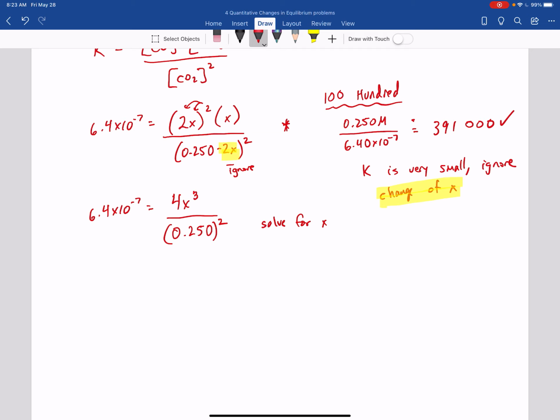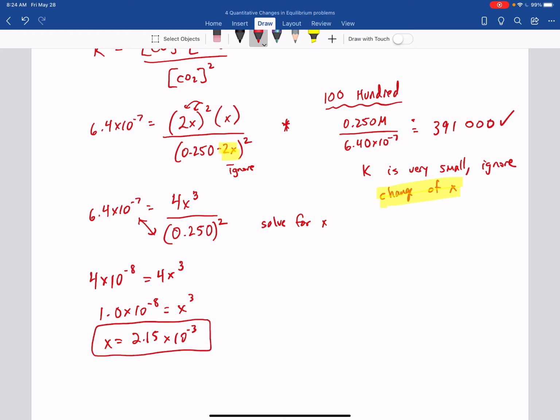Instead, we can just solve for the variable simply. So if I cross multiply and then isolate for x, I've got 0.25 squared times 6.4 times 10 to the negative 7. We've got 4 times 10 to the negative 8 equals 4x cubed. I'll bring the 4 over, divide that by 4, just to show a few steps here. 1 times 10 to the negative 8. And then we'll take the cubed root of that function, and we'll find out that x equals 2.15 times 10 to the negative 3.